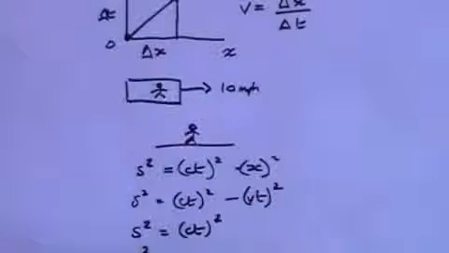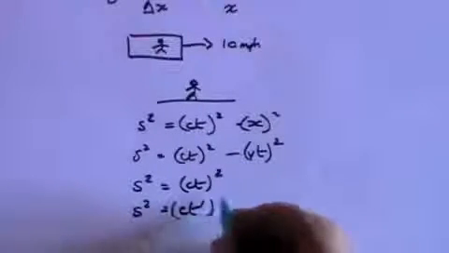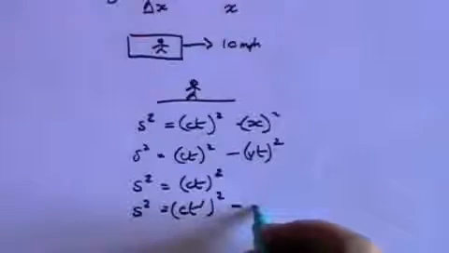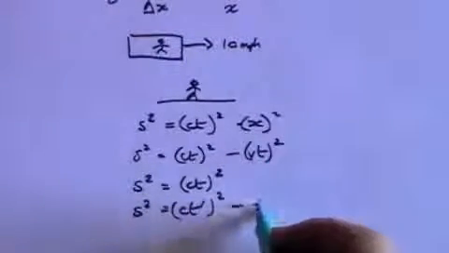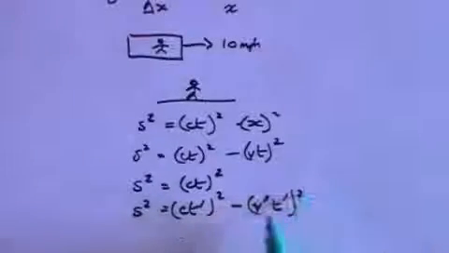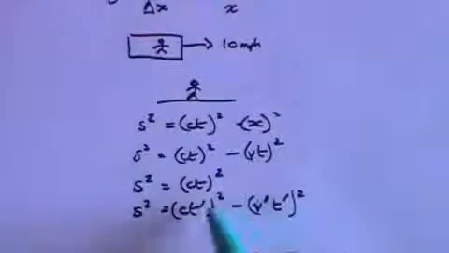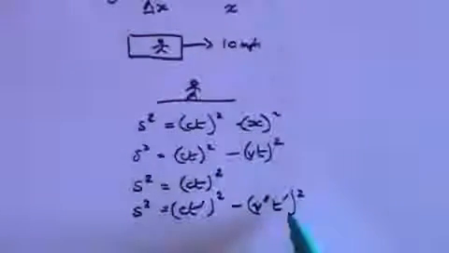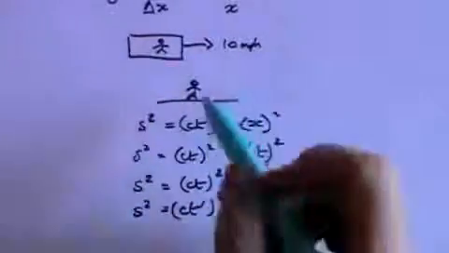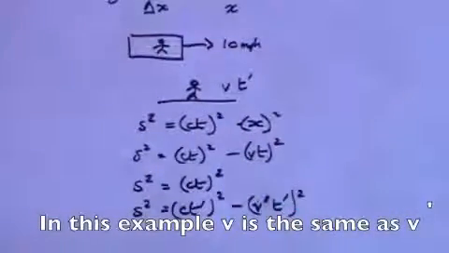So he says s squared equals ct prime squared, that is the time that he measures, minus x prime, which will simply be v t prime squared. That is the velocity he measures as my car goes by times the time which he measures. So I am measuring time t, he is measuring velocity v in time t prime.